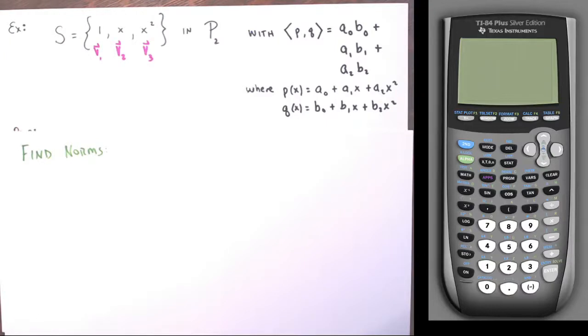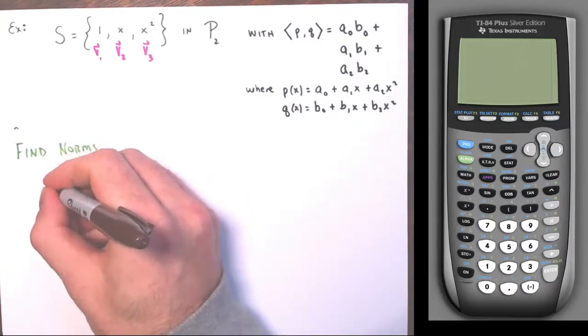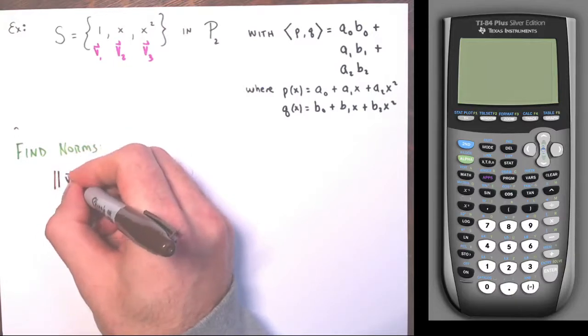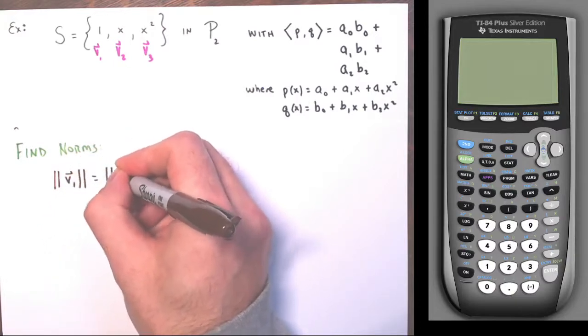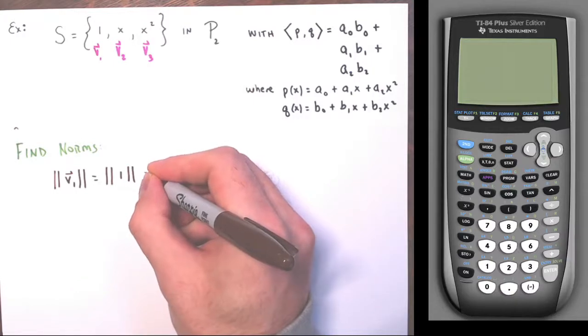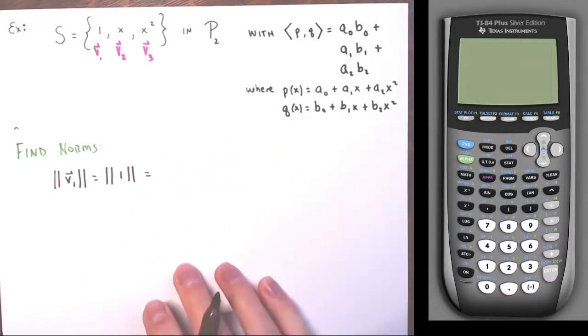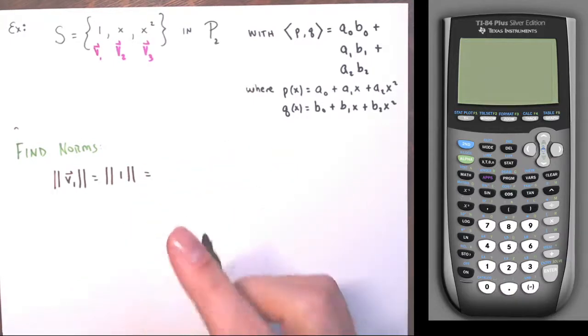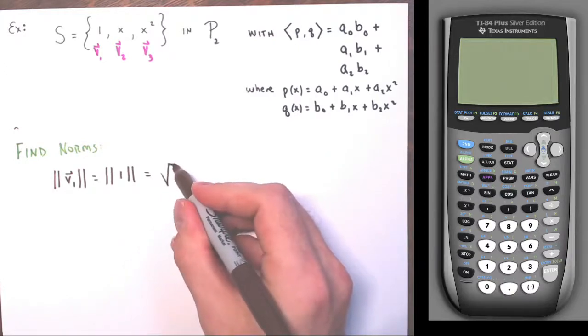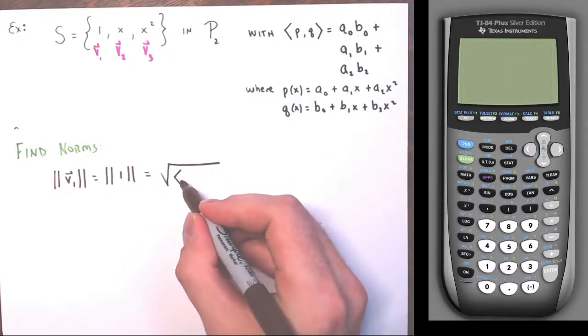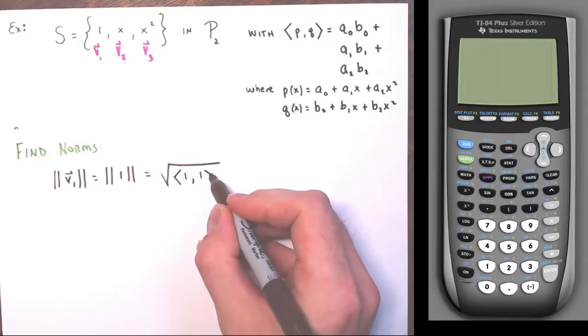All right, so what's the norm of vector 1, or the norm of that polynomial 1? Remember, the norm of a vector is defined in an inner product space as the square root of the inner product of that vector with itself.